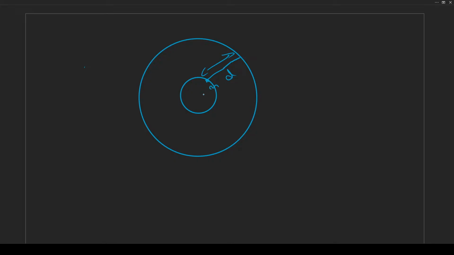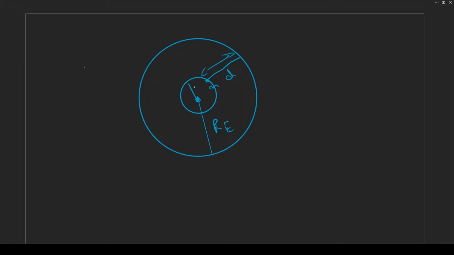Basically, what they're saying is, if this is the Earth, and let's assume at some depth d there is a point mass m placed here, at this depth, and the radius of Earth is re.